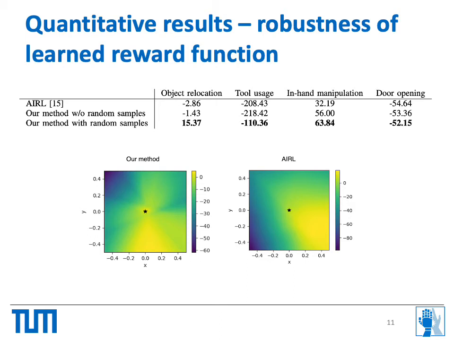As visible, AIRL has the highest reward regions outside the target position, while the robust reward function achieved by our method, which better copes with the challenging task, has the highest reward in the goal position, and thus is able to guide the policy to the target position effectively. This translates into better training results.